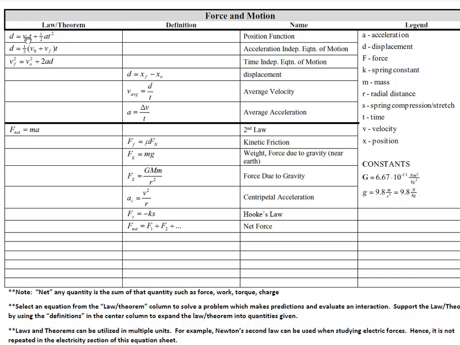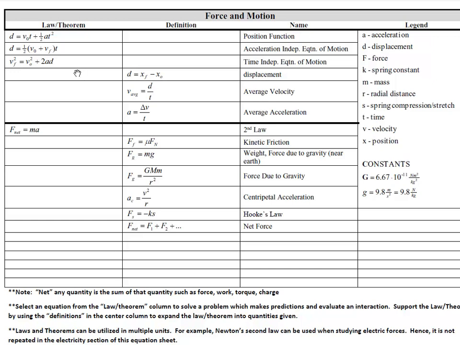In this case, our motion is changing, the velocity is changing. These are the 3 equations that we go to whenever we have a problem to solve with kinematics. And we've got first the position function, then we have the acceleration independent equation of motion, and then finally we have the time independent equation of motion.